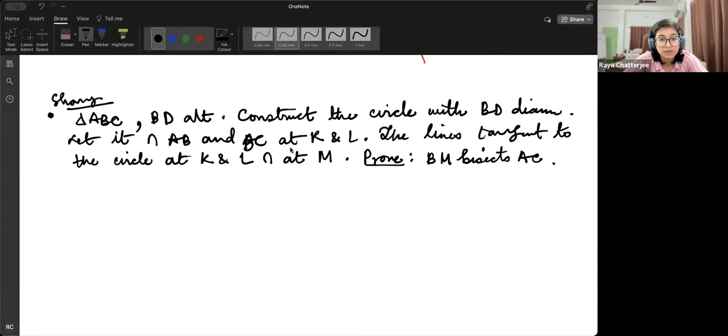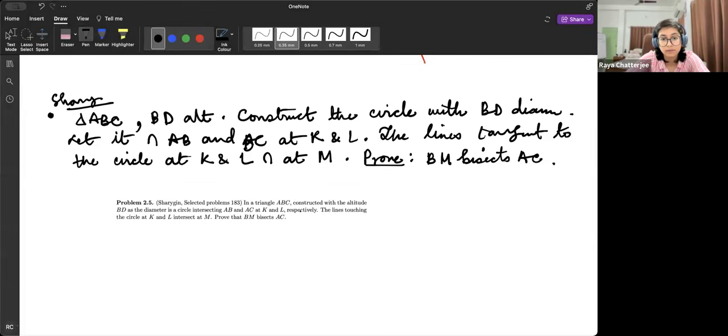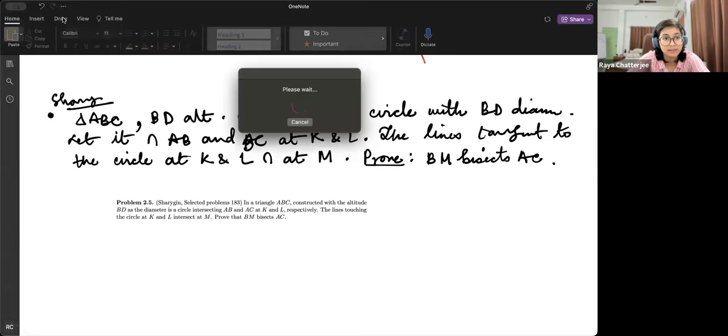Yeah, got the handout, yes. Oh, actually it was written wrongly in the handout itself. Wait, just paste it. Yeah, but there has to be an edit.